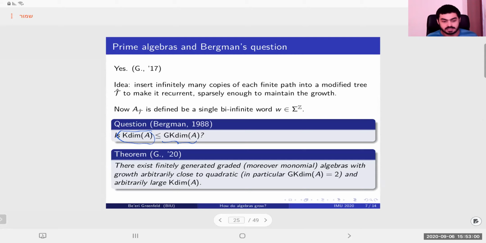In particular, it is a monomial algebra, it is graded. You can algorithmically produce all the elements in this algebra, and you can effectively bound its growth rate. And it is sharp from several points of view, which I don't want to get into. So this is just some kind of a side byproduct.